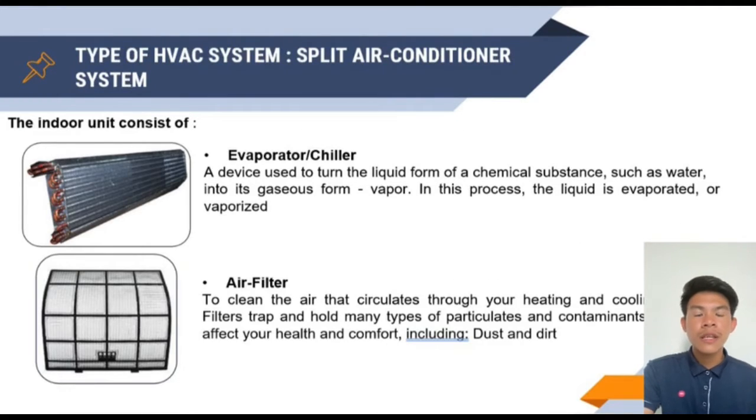The indoor unit has many parts, but we will focus on the main parts only. Firstly, the evaporator is a device that turns the liquid form of refrigerant into vapor. Secondly, the air filter, which cleans the air that circulates through the system. The filter also traps many particles and contaminants such as dust and dirt.